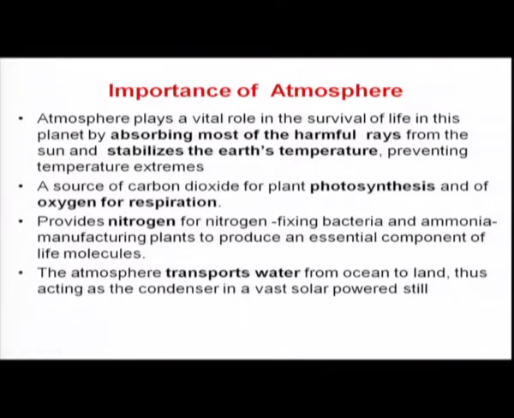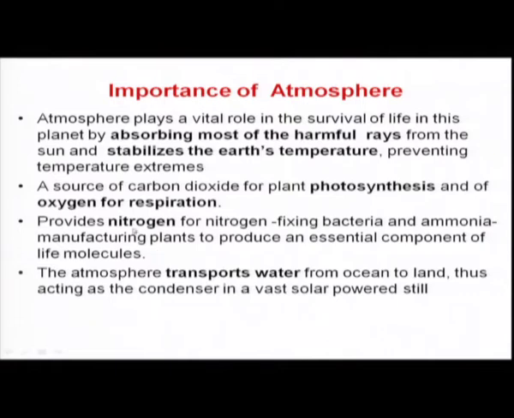And at the same time, very importantly, the oxygen we get for respiration again comes from these plant materials. The carbon dioxide is taken up by the plant through photosynthesis, which takes up the carbon and releases the oxygen required for us. So, in this way the oxygen in the atmosphere also comes from plants.